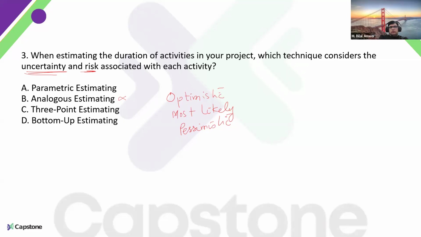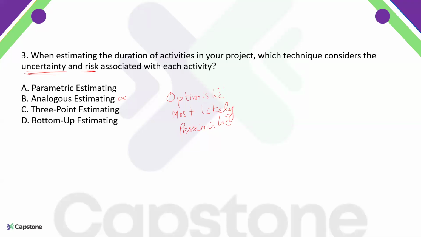That is why it is the right answer for this, because you have three different ranges which can take into account some uncertainty and risk. You have the optimistic, the pessimistic, and the most likely estimate.